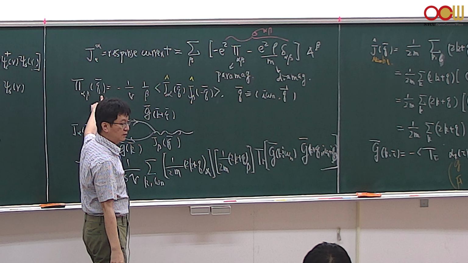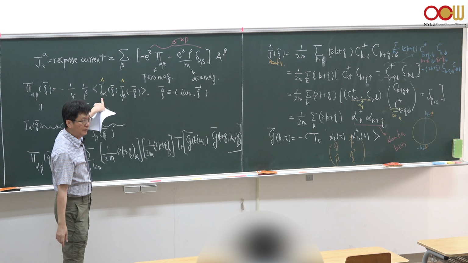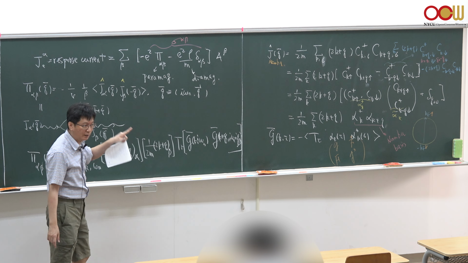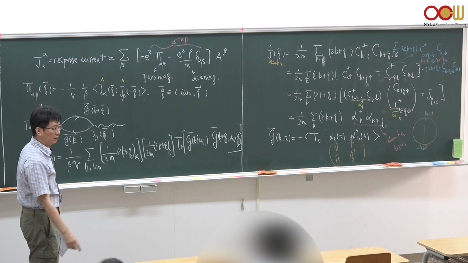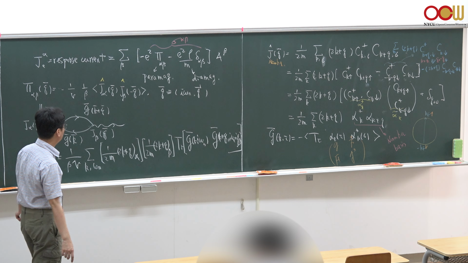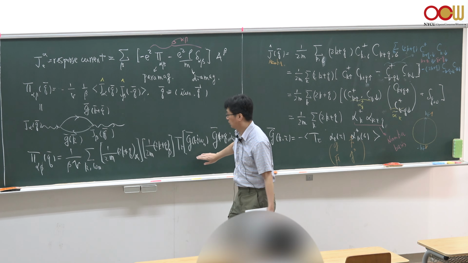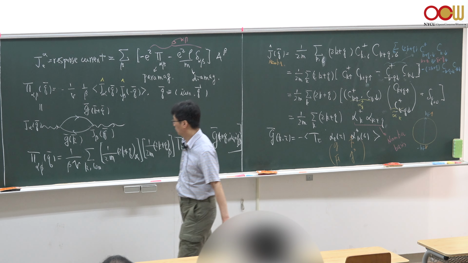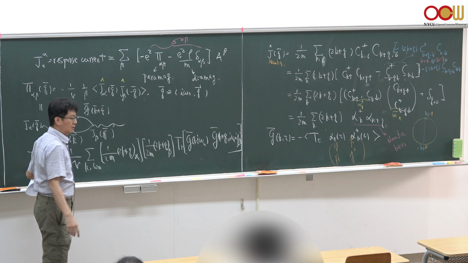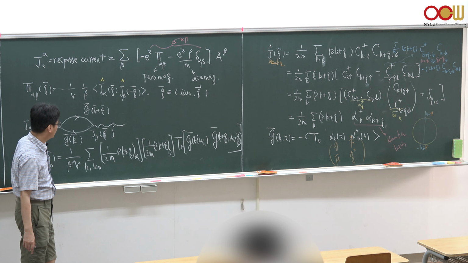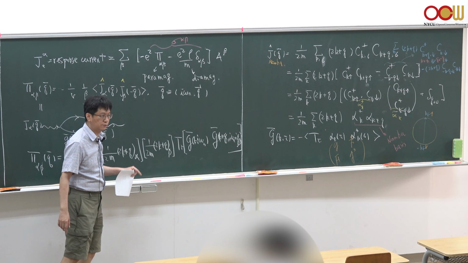In the BCS state, the paramagnetic part of the current operator should be replaced by the Nambu version of the current operator. You plug that in, Fourier transform this pi alpha beta, and you get the Fourier transform of the particle-hole bubble, or the paramagnetic part of the electrical conductivity tensor, in terms of the Nambu Green's function.